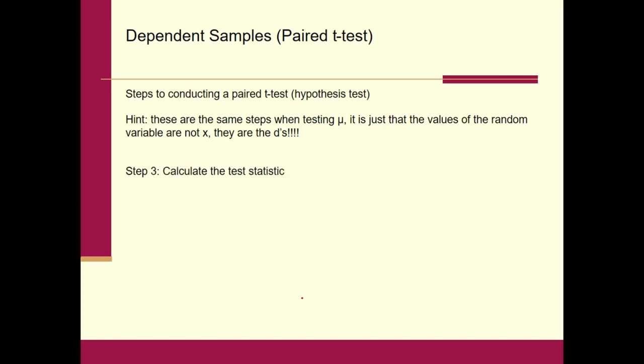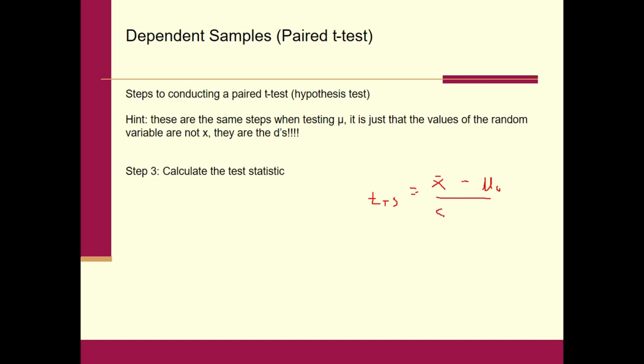Step 3, calculate the test stat. Now, remember when we were testing mu, we had, hopefully this sounds familiar, x bar minus mu sub 0. Where did mu sub 0 come from? It came from the value in the null hypothesis, right?